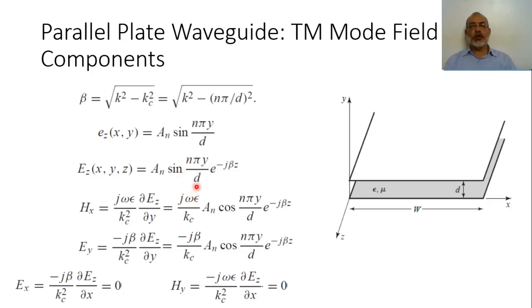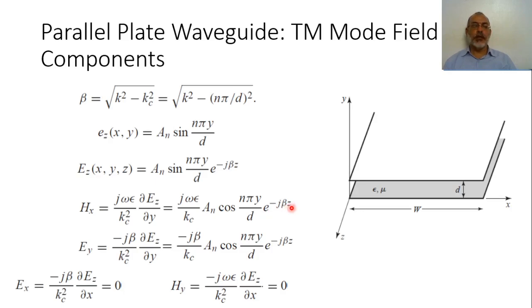So this is actually kc, and we already have kc squared in the denominator. So kc in the numerator and kc squared in the denominator leaves only one kc in the denominator, and here we have j omega epsilon.